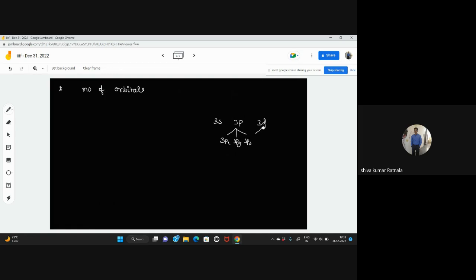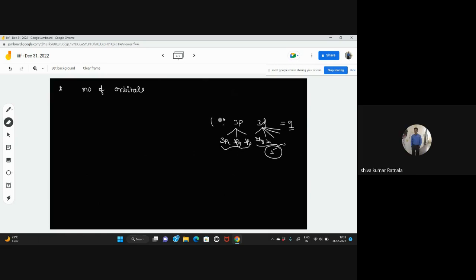In d, they are 3dxy, 3dyz and so on, total 5. Total number of orbitals: 1 plus 3 is 4, 4 plus 5 is 9. In each orbital, how many electrons can we fill maximum? 2, sir. 9 twos are 18.